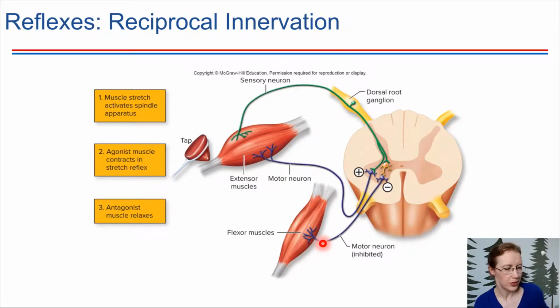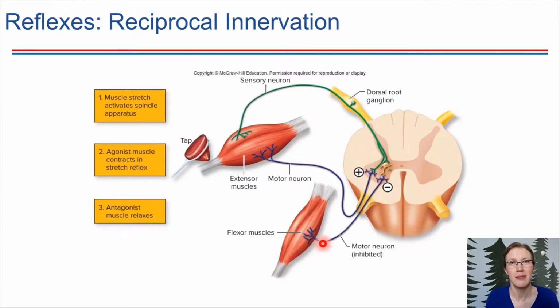There's also something called double reciprocal innervation, and this has to do with dealing with the two sides of the body. So for example, if you step on something sharp on the floor, Legos, if you step on something sharp, your reaction is to pull up your foot, right? Because you want to get off of the sharp thing that you stepped on.